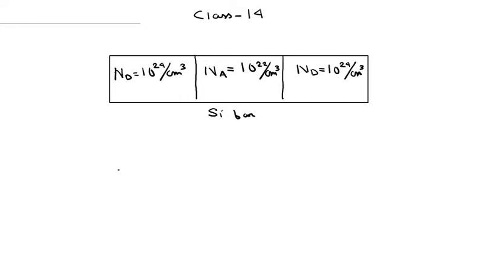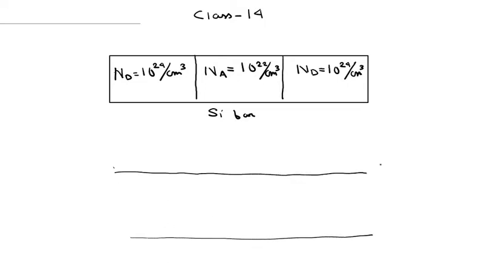Let us say that this is our conduction band, and this is the valence band, the spatial diagram. So this would basically lie at the same energy because all these three are made up of silicon. This is known as the flat band condition, and this is basically the band diagram when no charge transfer has taken place.